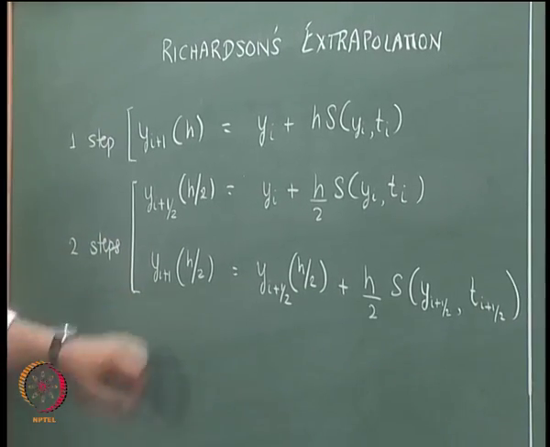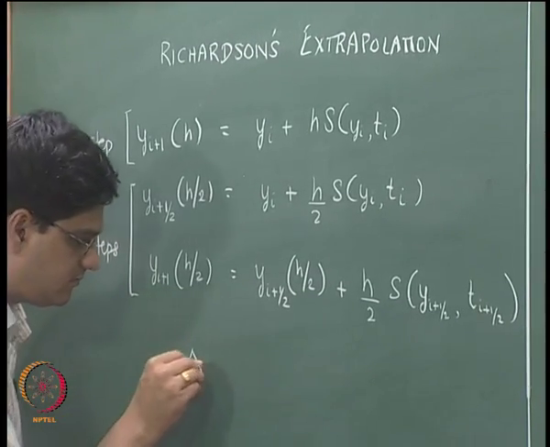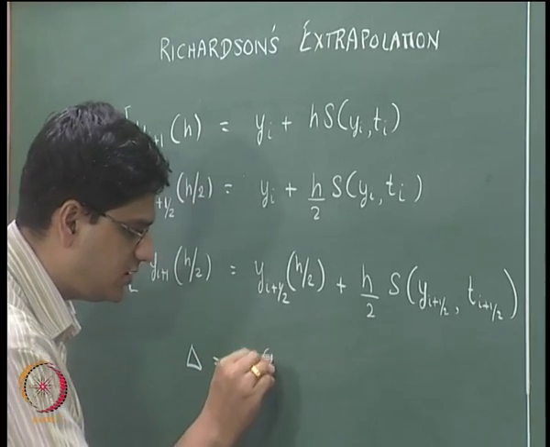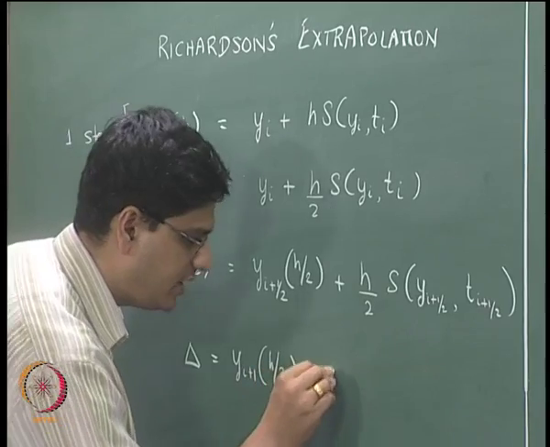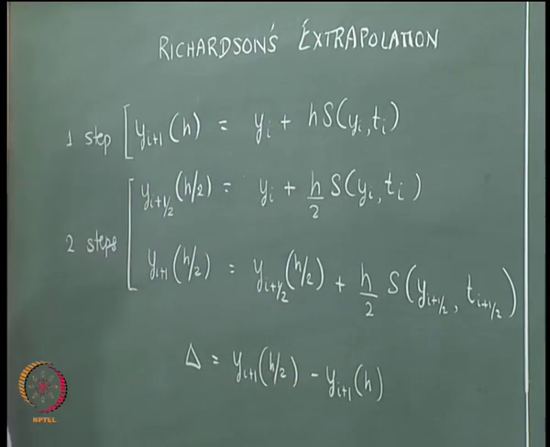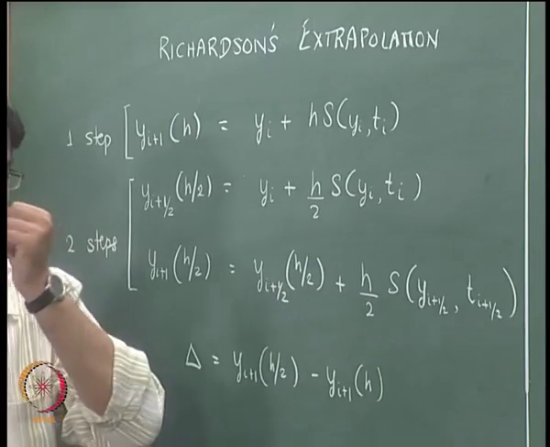Okay. Next we defined our delta as equal to yi plus 1 computed with h by 2 minus yi plus 1 computed with h. Okay. This is how we defined our delta.